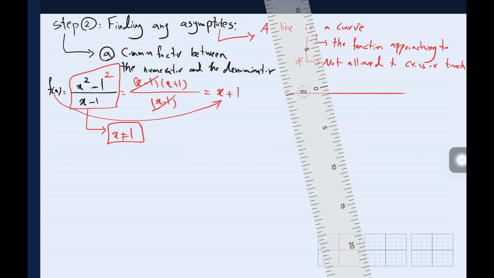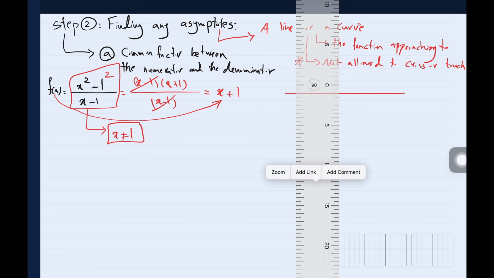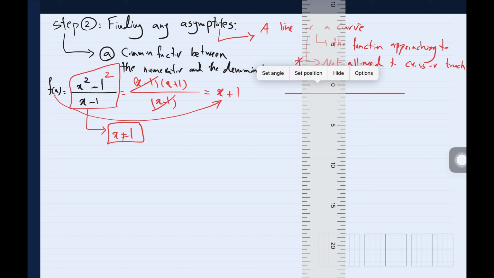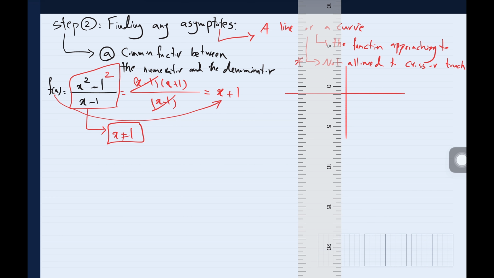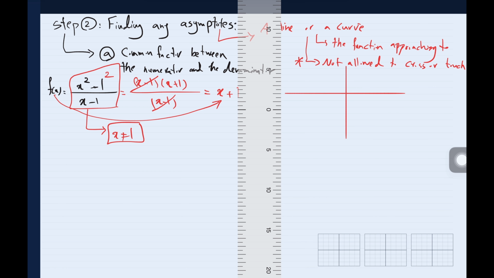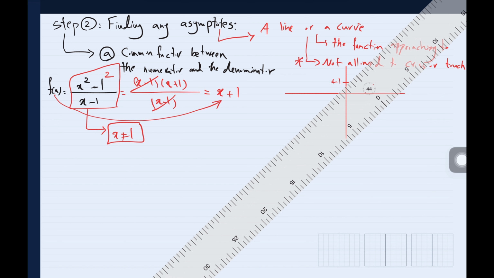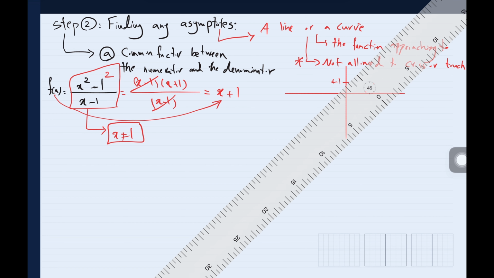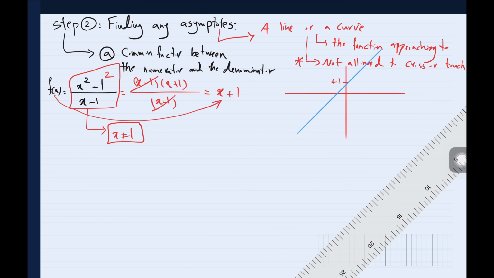If I want to graph this function for you, we'll have something like this. Imagine this is positive 1, then that function is like this, which is x plus 1. However, we said we're not allowed to take x equals 1 because it's not a possible value for x.